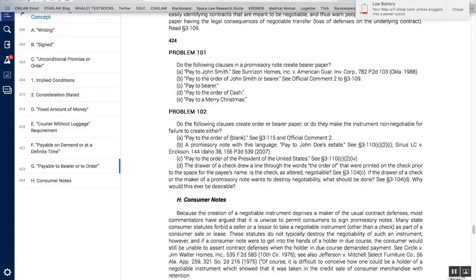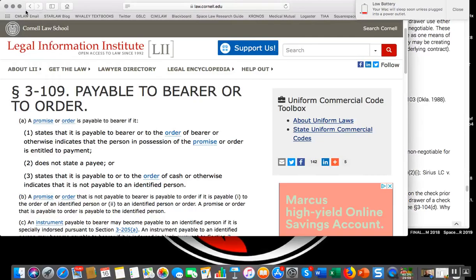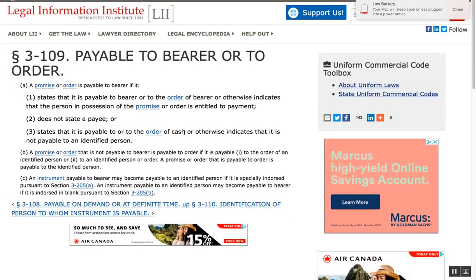And I do want to cast your eyes on the law that makes all of this a reality. It's not just my view of the world. But here, if the promise or order does not state a payee, then it's going to be bearer paper. These are all things that make paper bearer paper. So if it's payable to bearer, or to the order of bearer, or otherwise indicates that the person in possession is entitled to payment, then it's bearer paper.